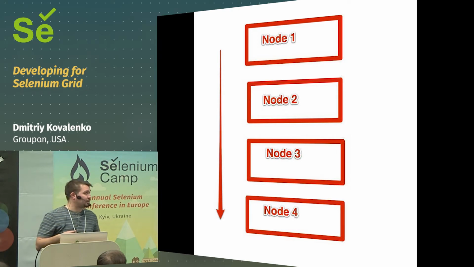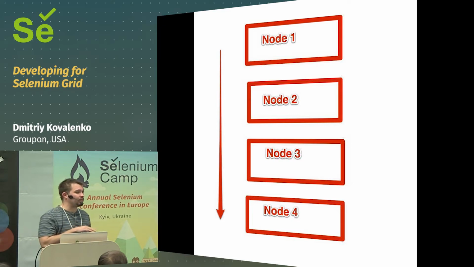One of the things that Alex and I were thinking of working with is the prioritizer class and figuring out, hey, node number 1 seems to be busy, but node number 2 is not. Maybe send the request there. Or if all of the nodes are busy and node number 1 is busier than node number 3, then let's send the request to node number 3 instead of just keep asking node number 1, because node number 1 is only running 2 tests instead of 3, so let's make it run 3.